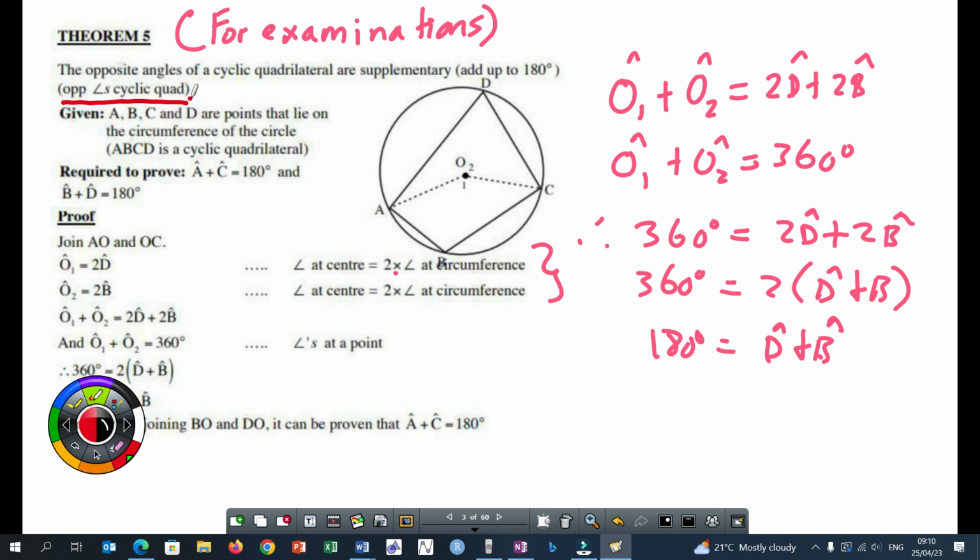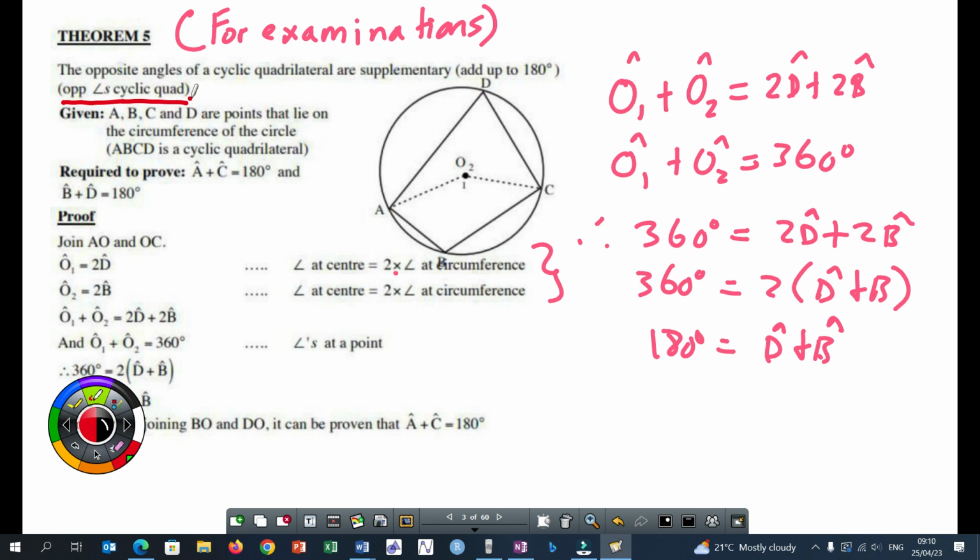You just write opp angles cyclic quad. So this is the acceptable reason: the opposite angles of a cyclic quad are supplementary. The shortcut in terms of reason, you just write the one which I underlined.